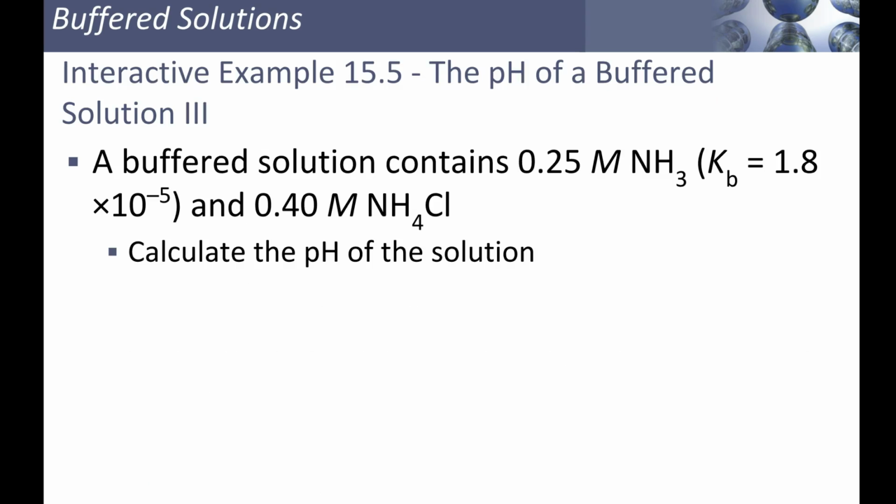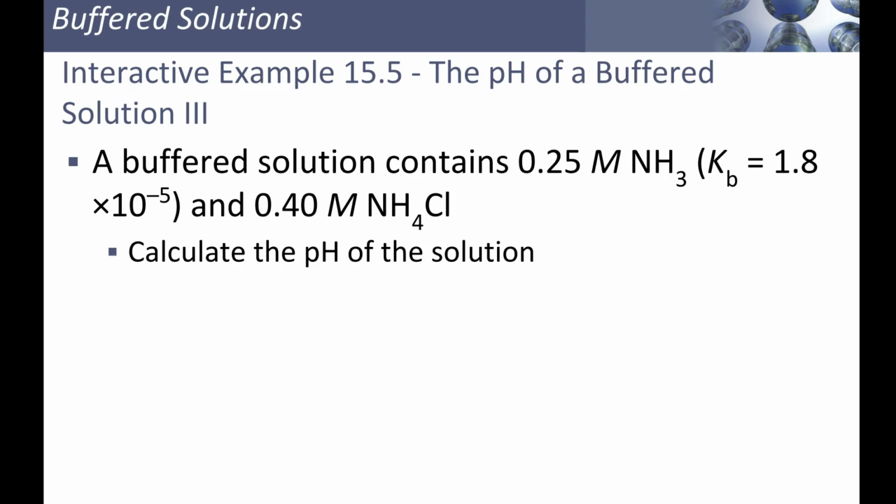Now, let's look at a buffered solution. You have 0.25 molar NH3 with a Kb of 1.8 times 10 to the negative 5, and you have 0.40 molar ammonium chloride. How would you find the pH of a solution like this? Find the pH of the ammonia, right?